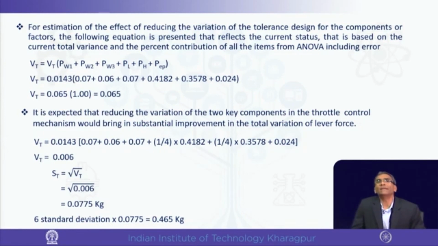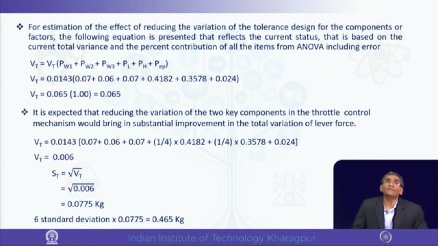Similarly, for the casing it is 1/4 into 0.3578, and the error is expressed as 0.024 here because we are removing that percentage. From this we find that the value of V t is equal to 0.006. Taking a square root of that would give us a standard deviation which is 0.0775 kg.